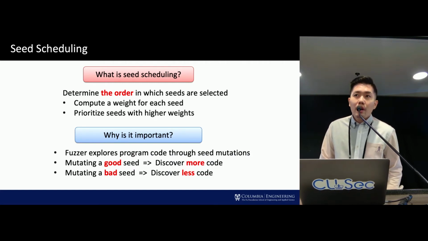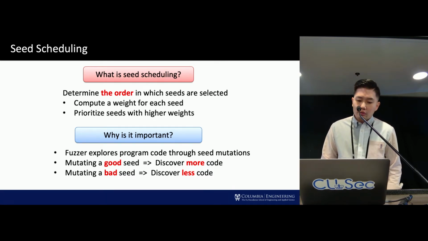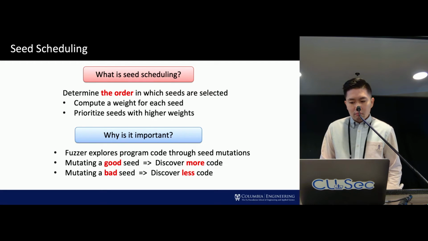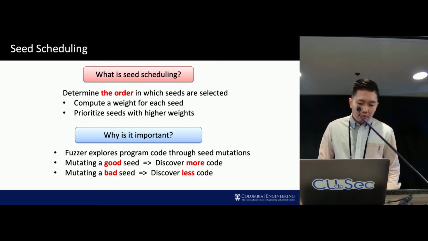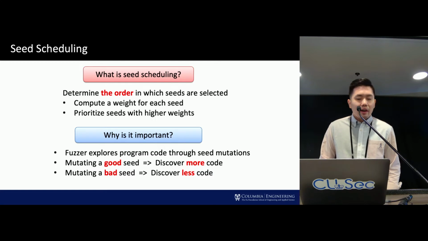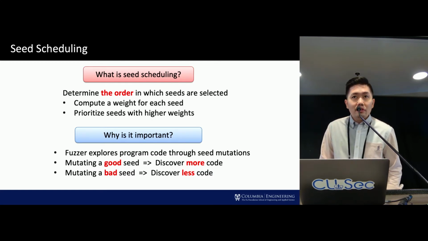In practice, we found mutations from a good seed can lead to discovery of more code, while mutations from a bad seed can result in discovery of less code. And the goal of fuzzing is to explore program code as much as possible. Hence, a good scheduling strategy can greatly boost fuzzing performance.